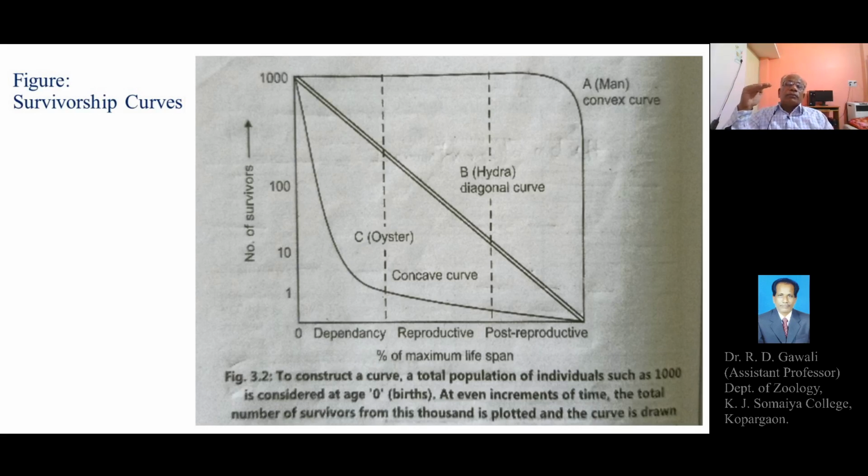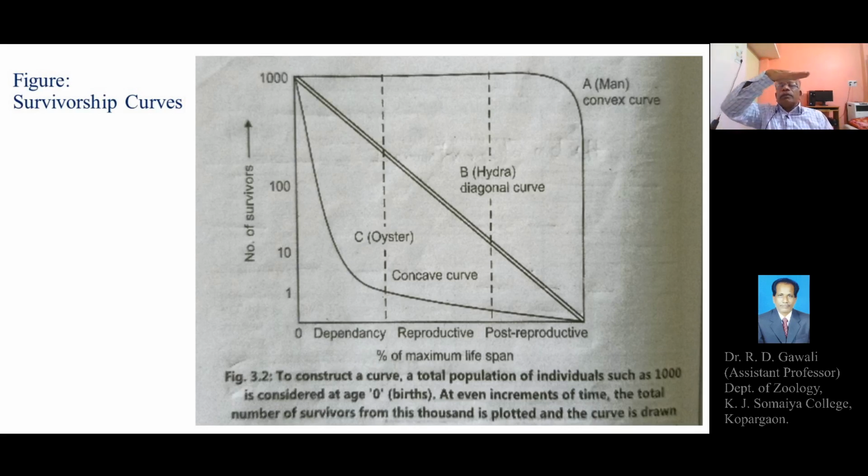what happens is that the death of the individual occurs after old age, meaning whenever there is natural death, the individuals of the population survive for their potential lifespan and die in old age. So whenever natural death occurs in individuals of the population, it represents the convex curve.